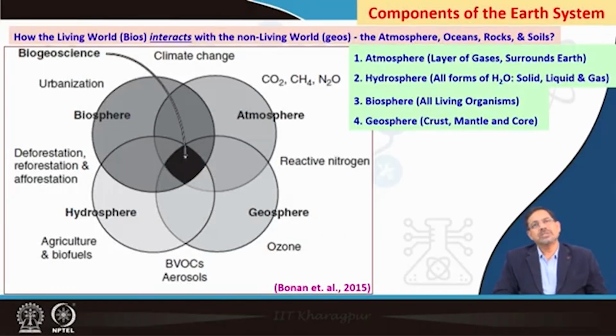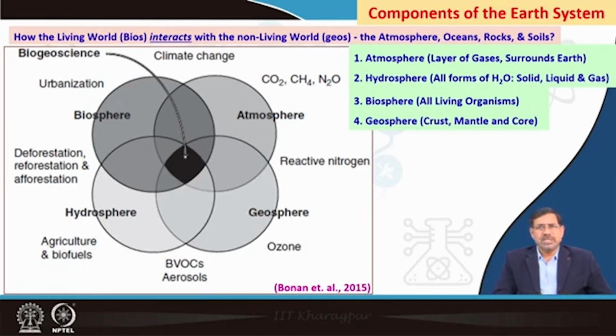So to do this, let us understand how the living world, that is the biotic system abbreviated as BIOS, interacts with the non-living world, which is geogenic, or sometimes we say GEOS. Together they form the term biogeo, or we study it under the framework of biogeosciences.